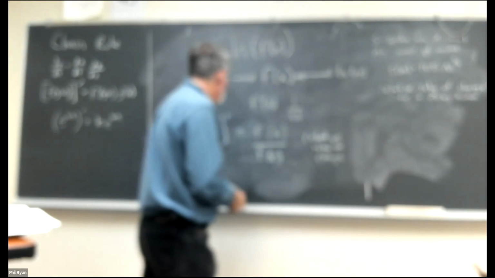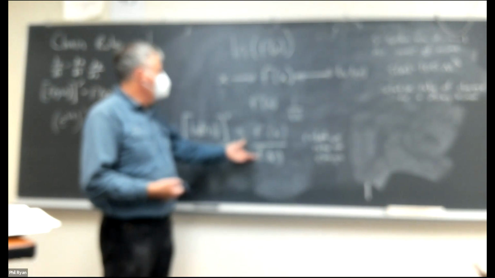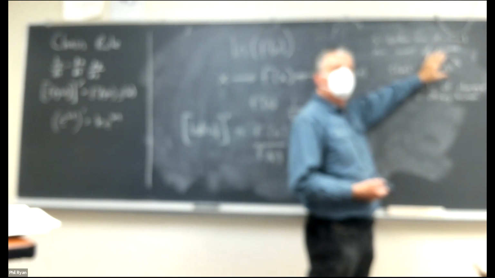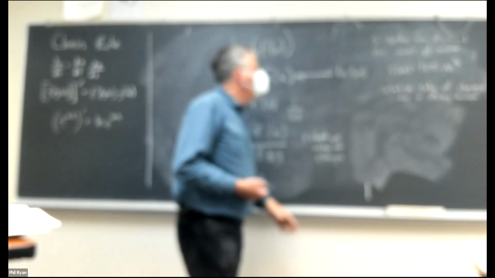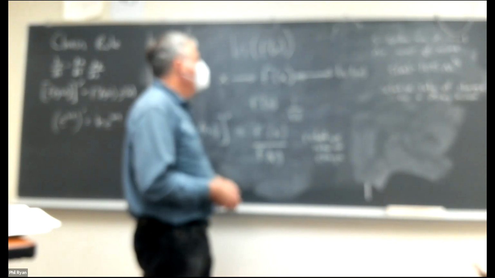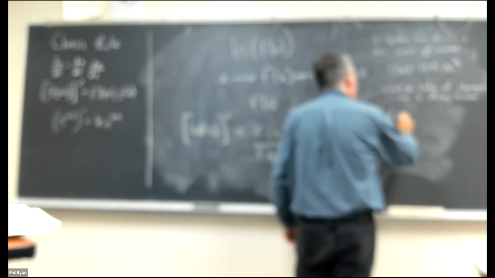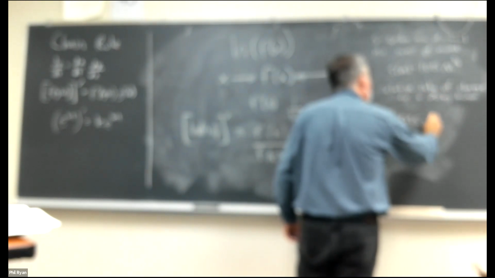Well, to figure out the relative rate of change, we could do f prime on f. We'd have to take the derivative of this and then divide it by this. But another way we could have done it is by looking at ln of this.